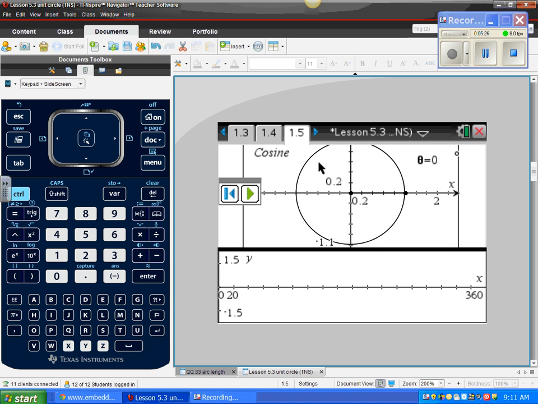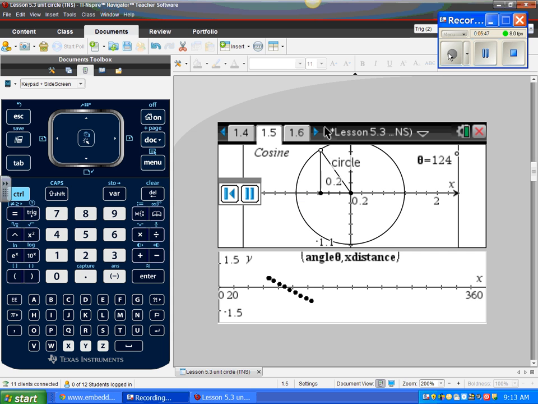I'm going to press play. Right now my angle of rotation is 0, theta equals 0. As it increases, and it's not plotting for me. Is yours plotting for you? As this goes around the unit circle, we're talking about x, the distance along the x.